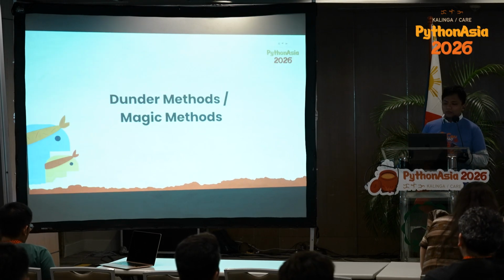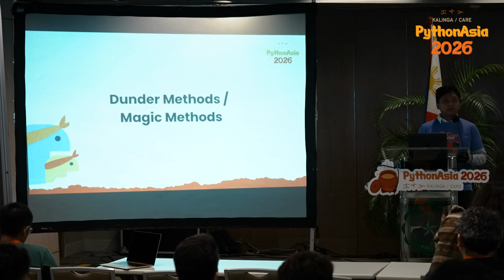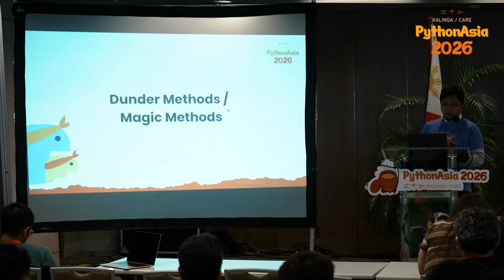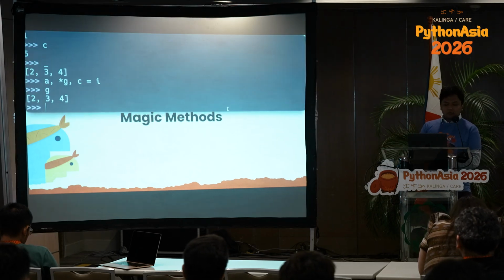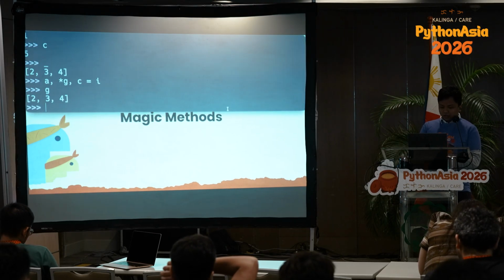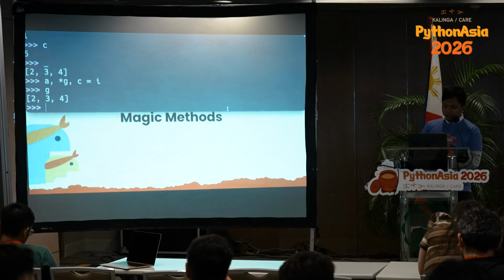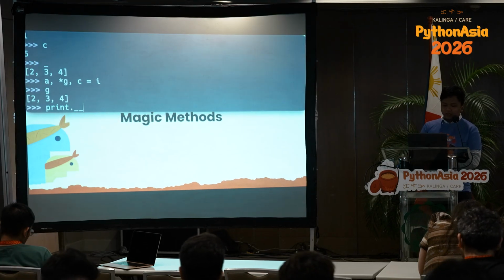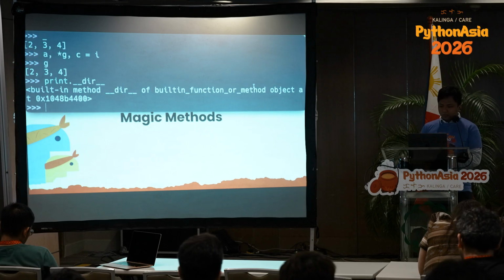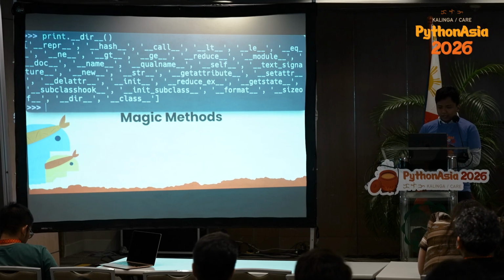So now we will go with magic methods, Dunder methods, which I think some of you already know. But one good way to check Dunder methods is, let us say, print dir. Oops. Wait. Yeah.